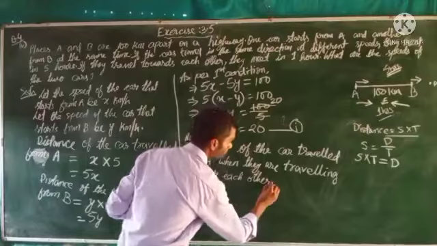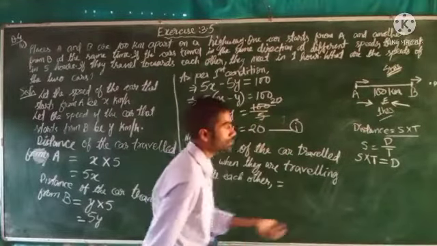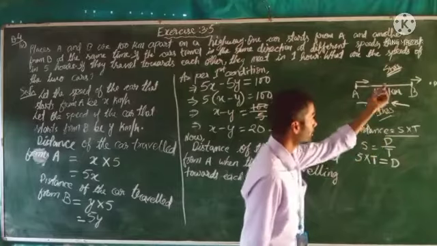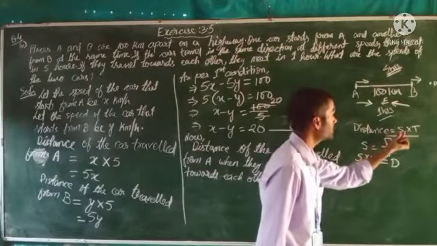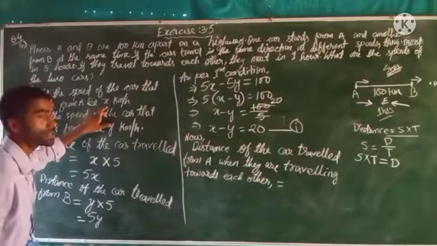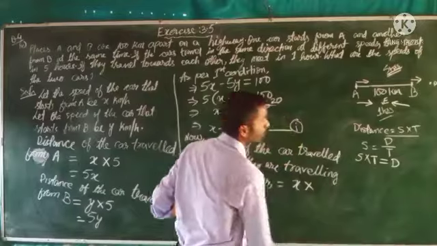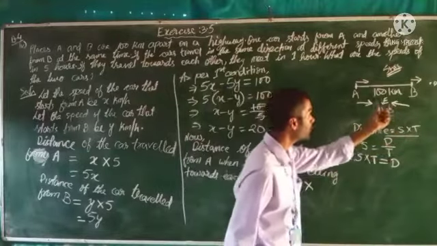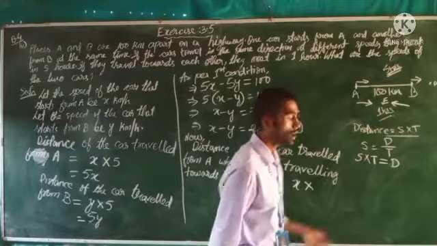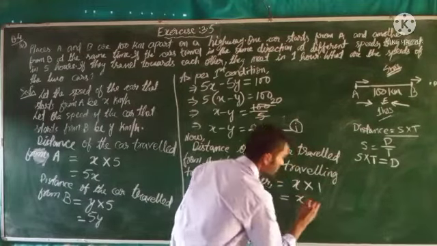What is the distance covered? That is speed into time. The speed we already took as x kilometers per hour. So x into time. Here the time taken is 1 hour, that is 1. So we get x itself.